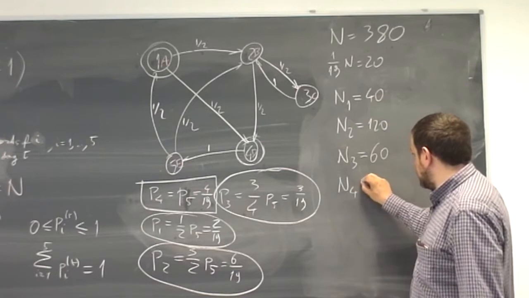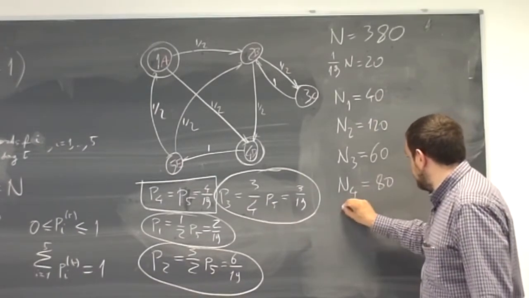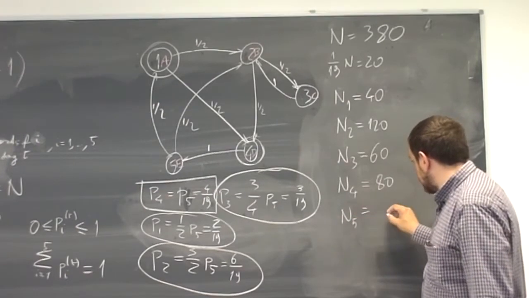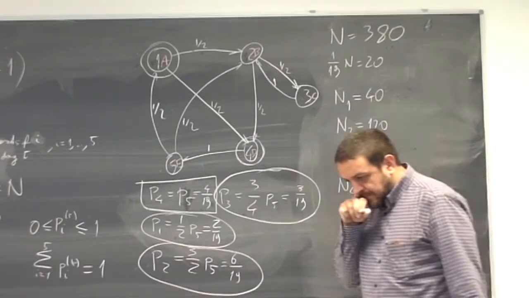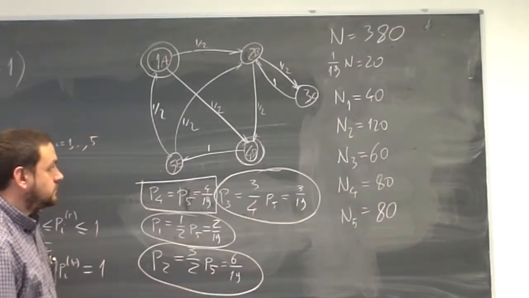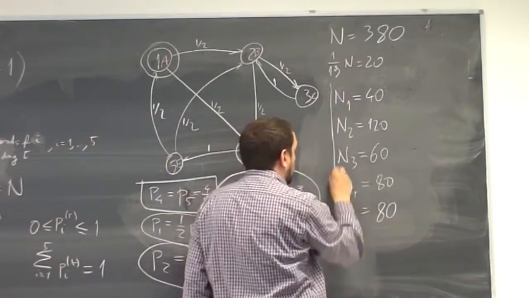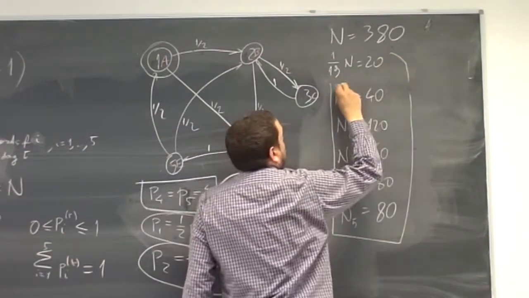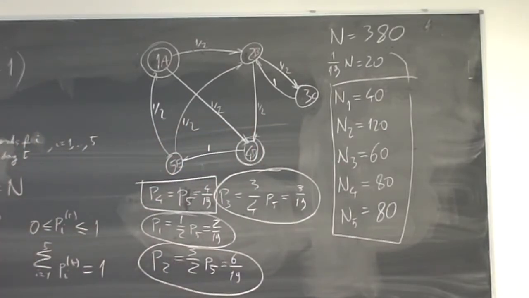Number of cards of player 4 is 4/19, meaning 80. And also the number of cards of the 5th player. Okay, so if the cards were 380, and of course the initial distribution always allowed for splitting all decks in half, this would be the solution.